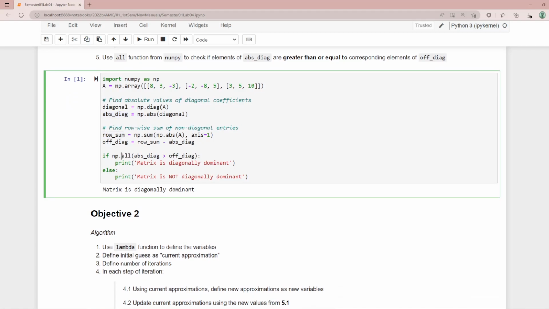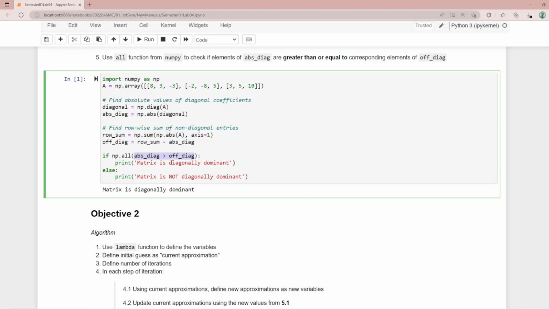Further, we'll be using this dot all function in order to go for an element-wise comparison. So the condition here that has to be satisfied is abs_diag is greater than off_diag, which means that all of the entries of the abs_diag must be greater than the corresponding entries in off_diag.